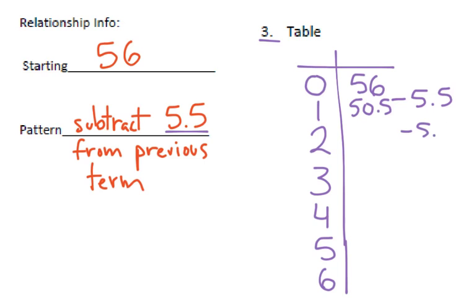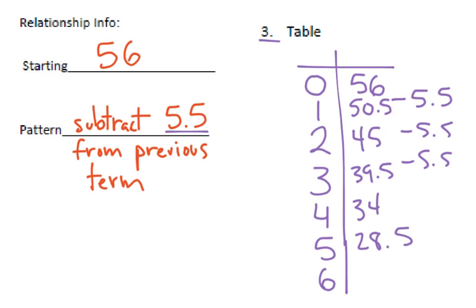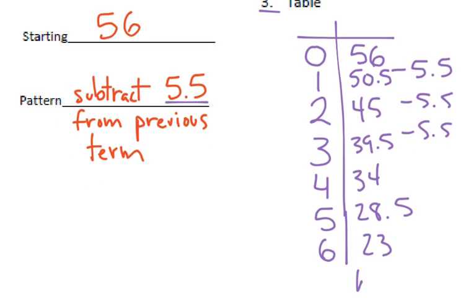Then I subtract 5.5 again, and we end up with 45. Then I do it again, and I end up with 39.5. Then 34, and I can just keep following my pattern, 28.5, 23, and so on, okay?